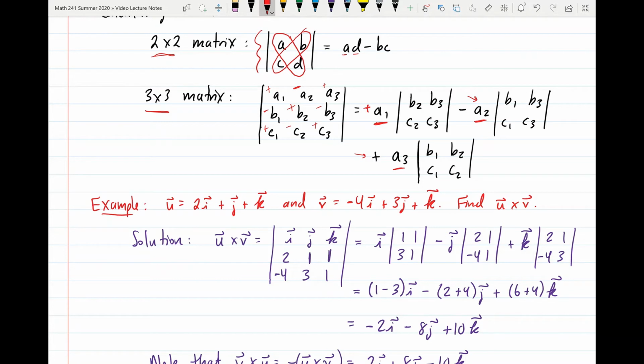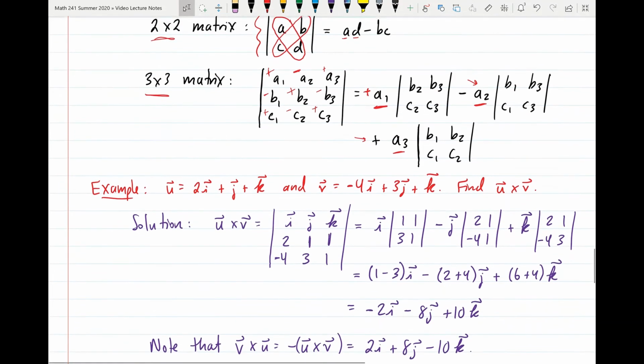So when you take the determinant of a 3 by 3 matrix, you have to consider each of the terms inside of the matrix, whether it's a plus or minus. And to do that, you're going to kind of checkerboard the matrix with plus or minuses, starting with a plus at your top left term.